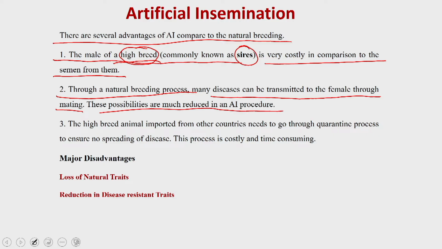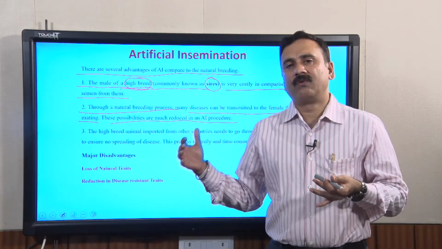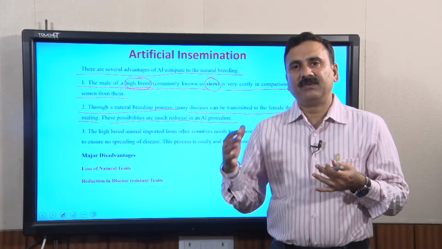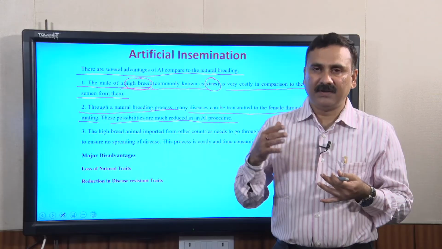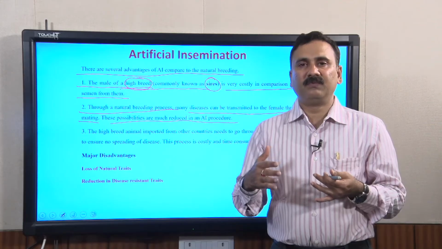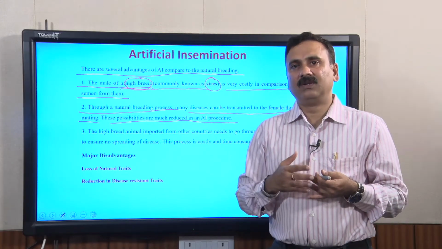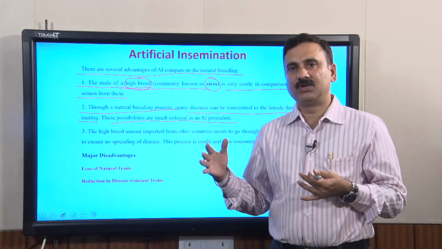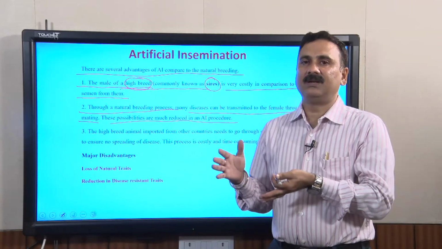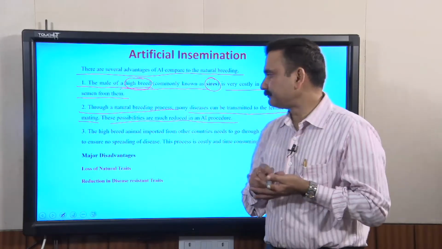So, when people go for natural breeding, there are so many sexually transmitted diseases which can pass from the male to the female during fertilization. That kind of possibility can be reduced very significantly, because you can easily check the semen as well as the quality of sperm through microscopic observation, and we can also perform many biochemical as well as microbiological tests to see if the semen is contaminated with any kind of infectious organism or not.